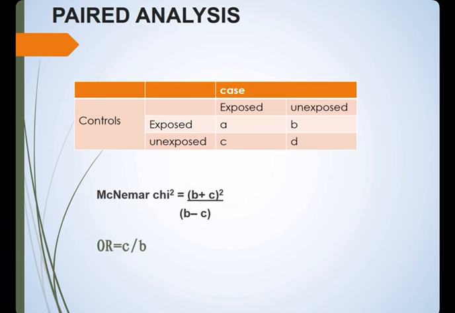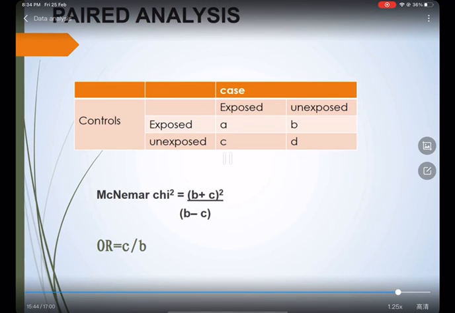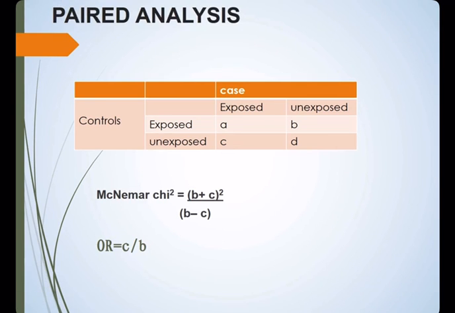In this kind of paired analysis, as we mentioned, the test for the association is the McNemar chi-square test, which is calculated as B plus C, squared, and divided by B plus C. While the odds ratio for the association is calculated as C divided by B.